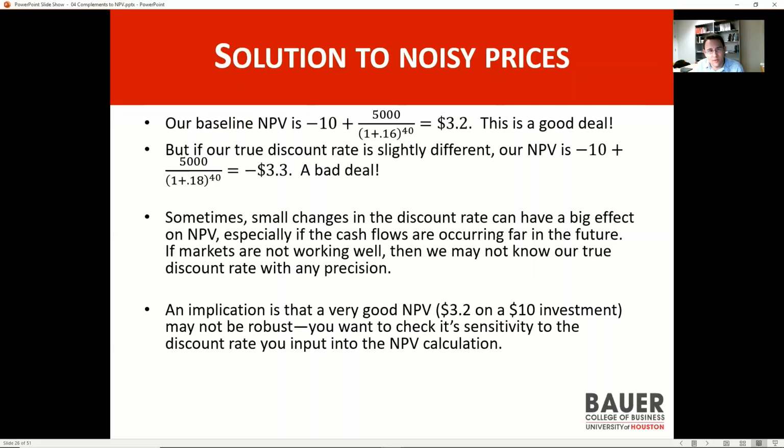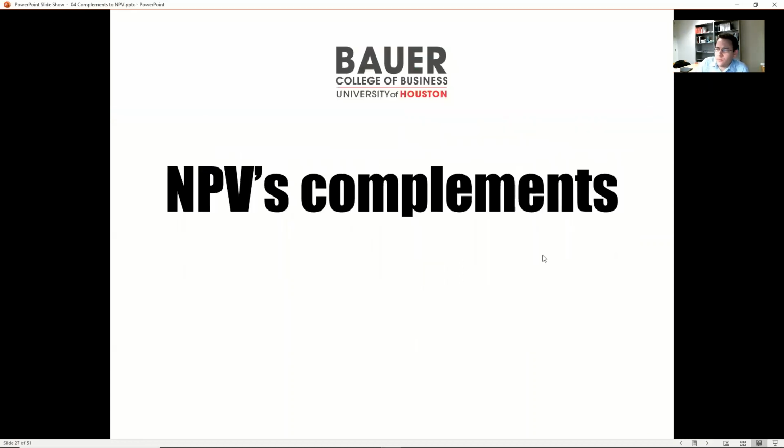In this case, it is not robust. A small change in R leads to a big change in NPV. So keep that in the back of your head. We need some measure that tells us whether the NPV calculation is robust to small changes in the discount rate.